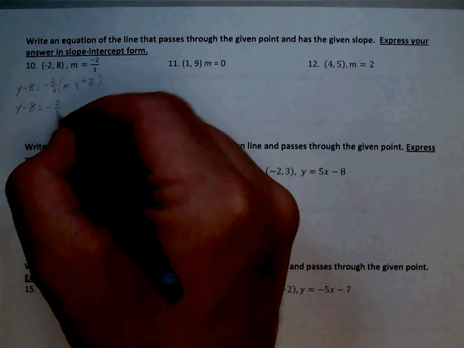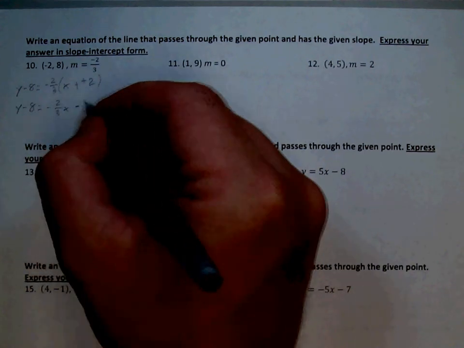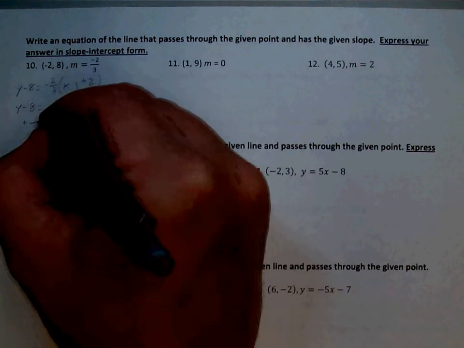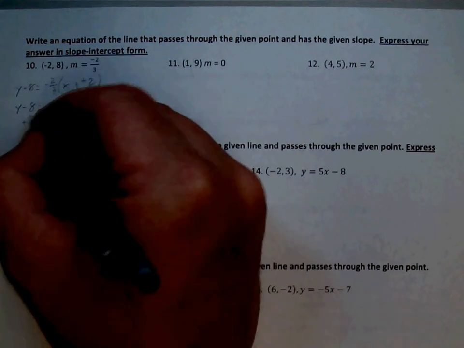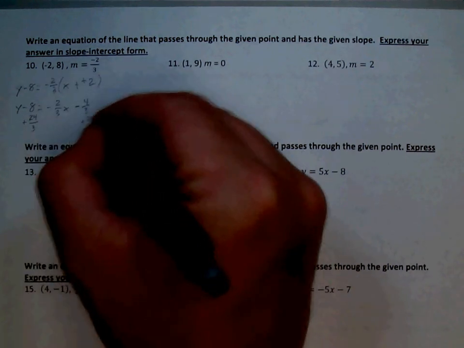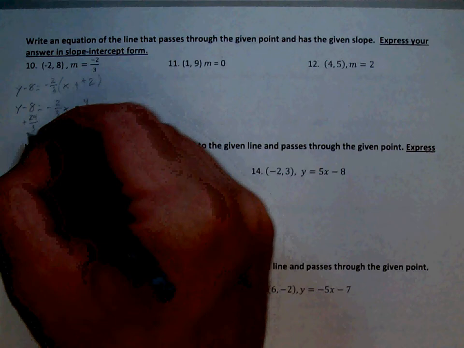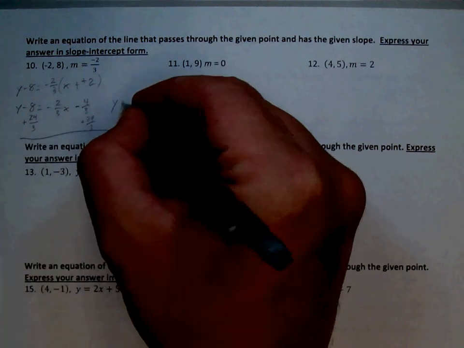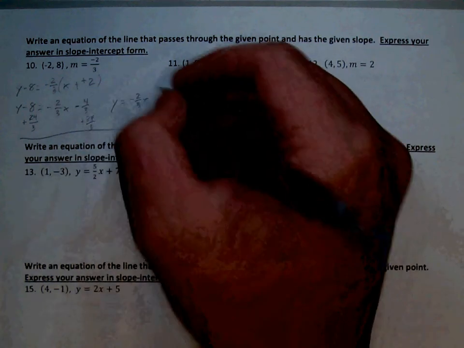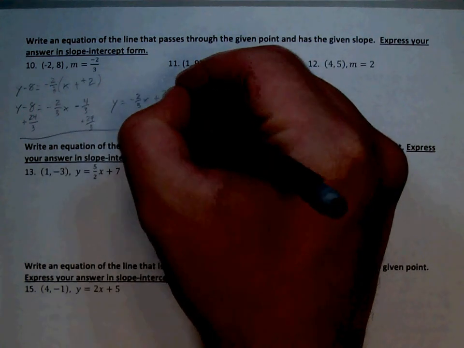Negative 2/3 x minus 4/3. I'm going to add 8, which really I'd like a common denominator, so that's 24 over 3. It's the same thing as 8, but now I have a common denominator. So I get y equals negative 2/3 x, negative 4 and positive 24 makes positive 20, so plus 20/3.